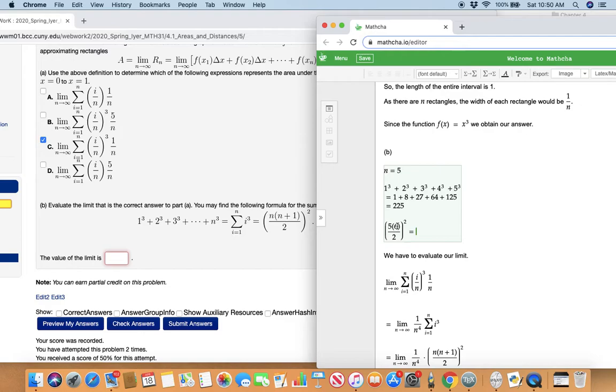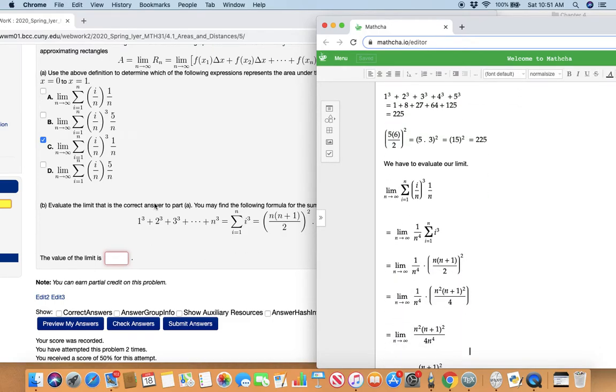Simplify. 2 goes in 6 3 times. So it is 5 times 3, power 2. That is 15 power 2. That is 225. See, they agree. That's what this formula tells me. So we need to use this particular formula to evaluate this limit.